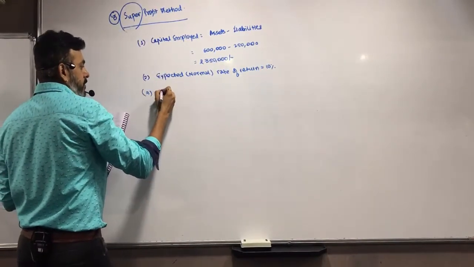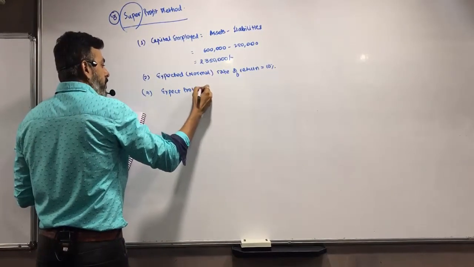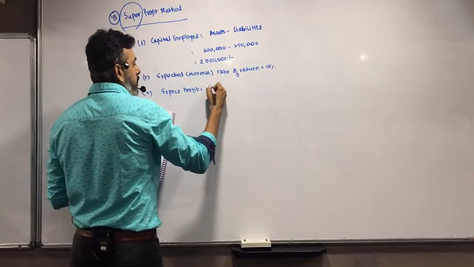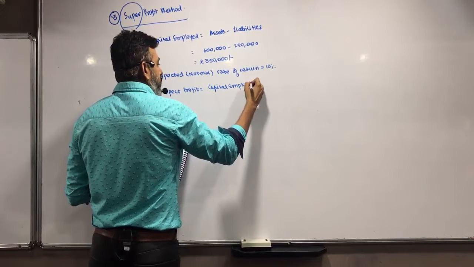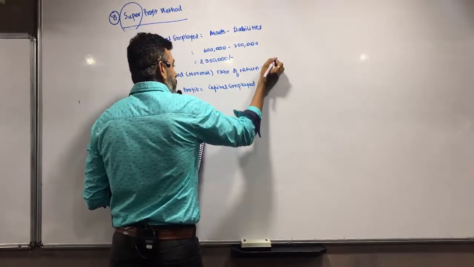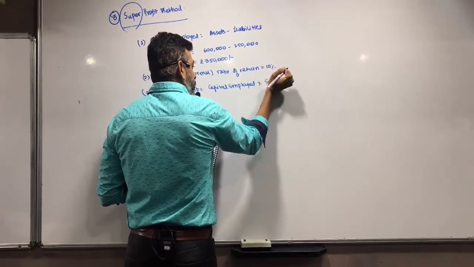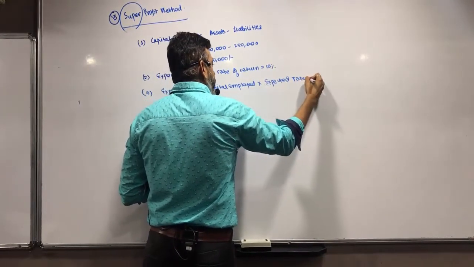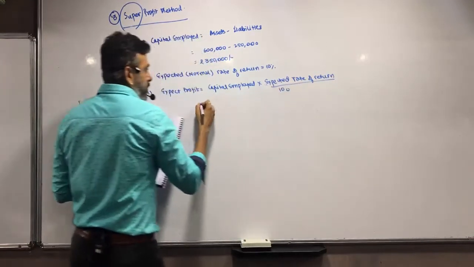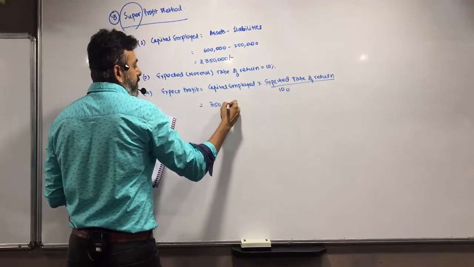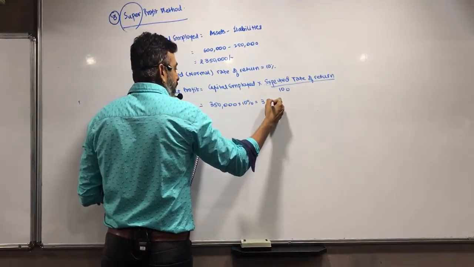So third, expected profit is equal to capital employed into expected rate of return upon 100, which is equal to 3,50,000 into 10%, equal to 35,000.